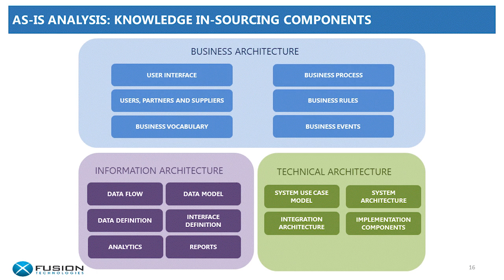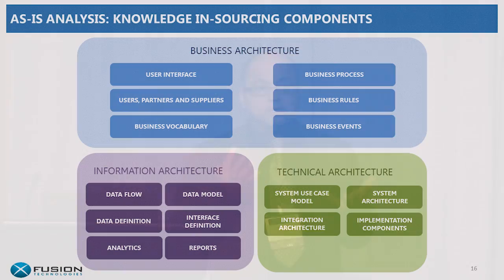So what are the components that we need to look at? We classified the components of the as-is analysis phase. The business architecture component, which is user interface, business process, business rules, vocabulary, business events. The information architecture, which includes the data flow, how the data is traveling with the application systems, the partners, the suppliers, and the logical relationship between the data and the definition of the data.